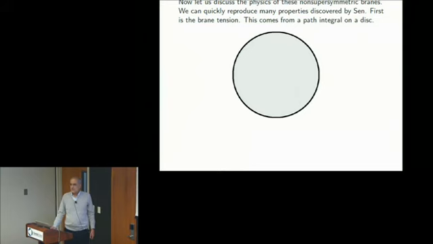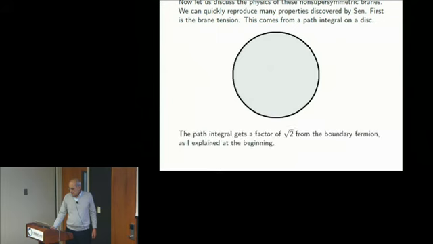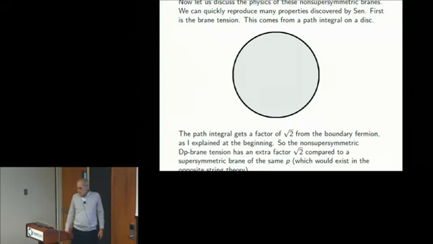But in the non-supersymmetric case, we have a boundary fermion. And as I told you at the beginning, its path integral is the square root of 2. So, as Sen discovered, the non-supersymmetric Dp brane tension is the square root of 2 times bigger than that of a supersymmetric brane of the same p that would exist in the opposite string theory. That's one of Sen's results.